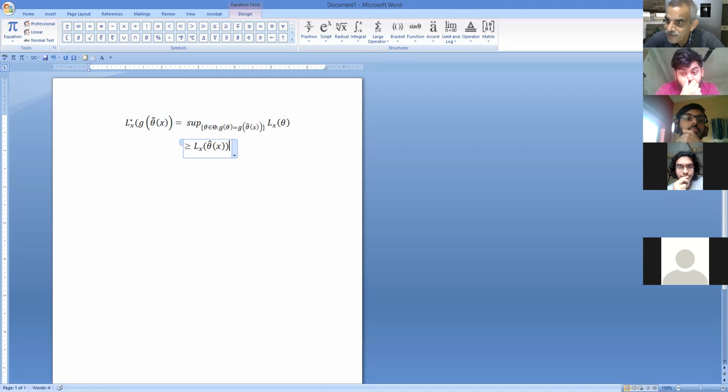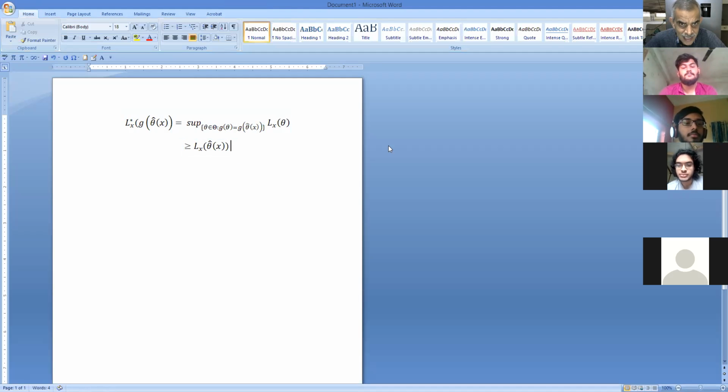Is that okay? Yes, sir. Okay, up to this point. But theta hat(x) is an MLE, so it maximizes the likelihood function. That means this is the same as the supremum over theta belonging to Theta of Lx(theta). So that is what I do in the next line.